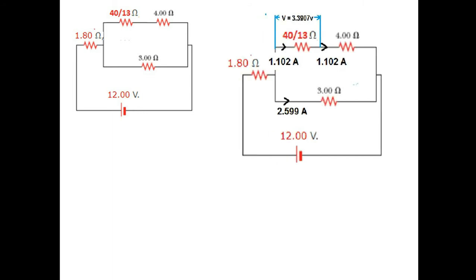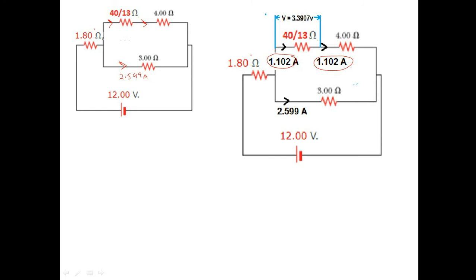So we get 1.102 amperes on the 40/13 ohm resistor and also on the 4 ohm resistor, as both of them are in series.